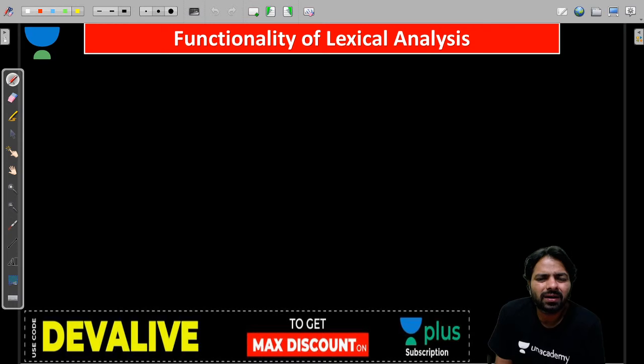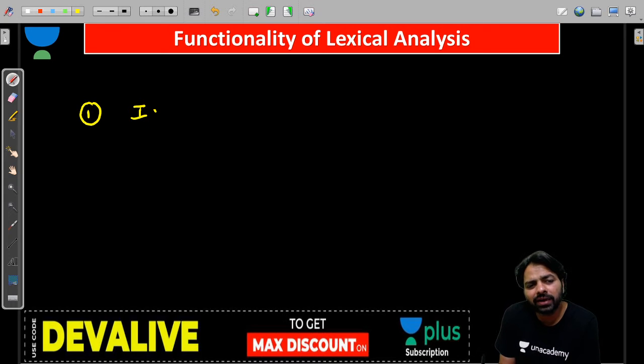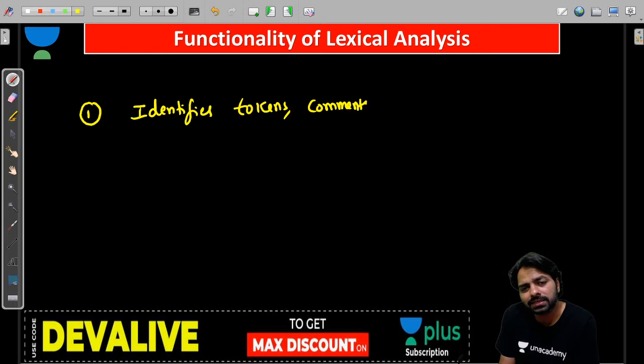Before that, you should understand three important points: the lexical analyzer knows how to identify tokens, comments and white spaces.